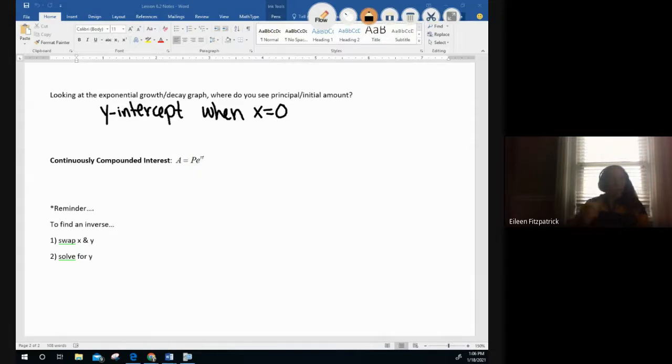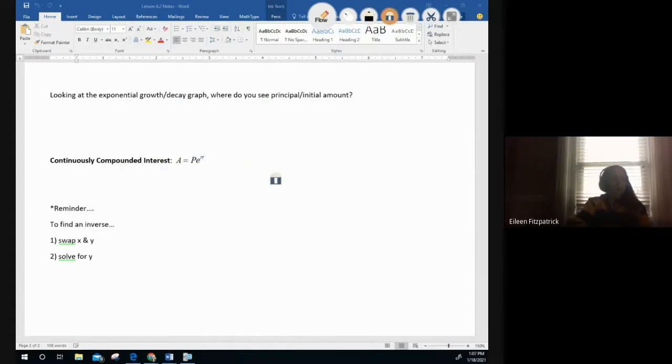And when the time is 0, that's your initial amount. So when x is 0, that's your y-intercept. That's why one of the key points for graphing is (0, a), because when x is 0, the y value is going to be a. That's your y-intercept.